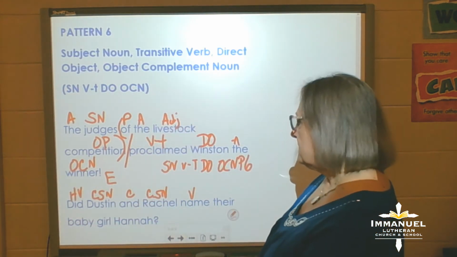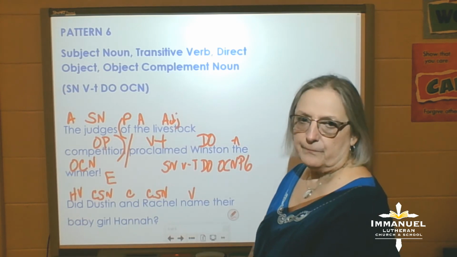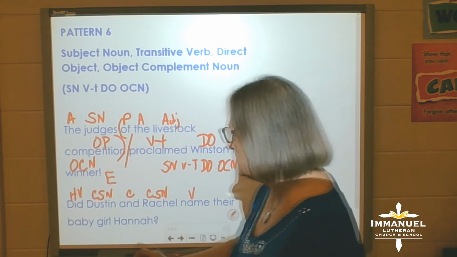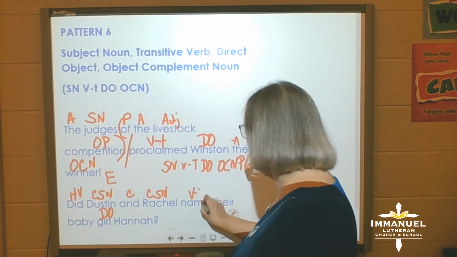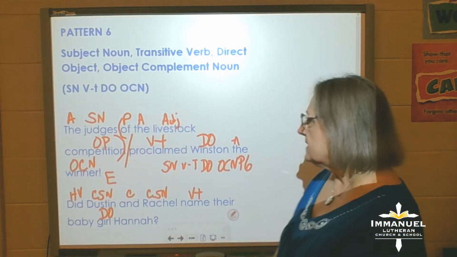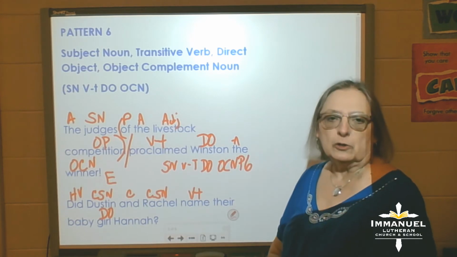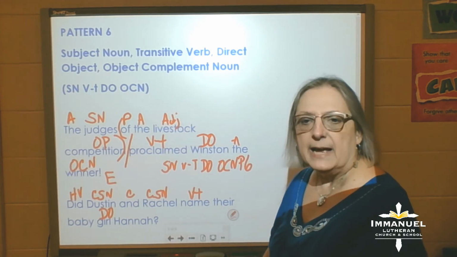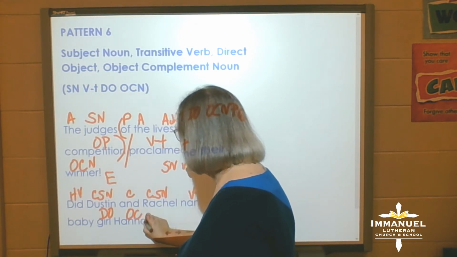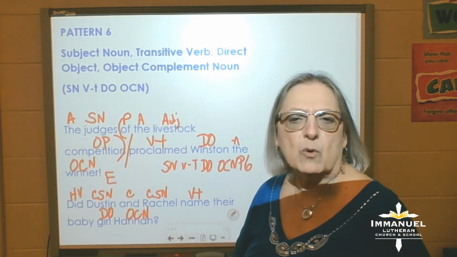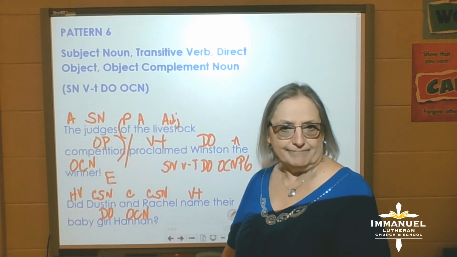Dustin and Rachel did name who? Girl. Direct object. So we have a transitive verb. Dustin and Rachel did name girl what? Hannah. And Hannah is a noun, so object complement, noun. Now we have more information about girl.